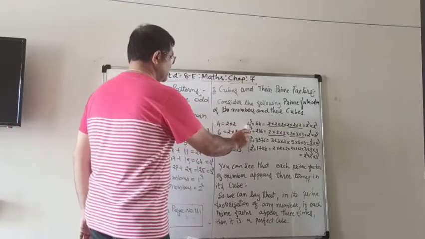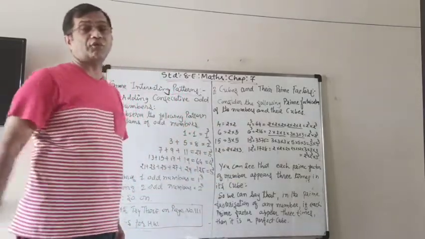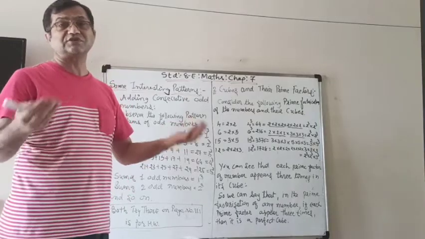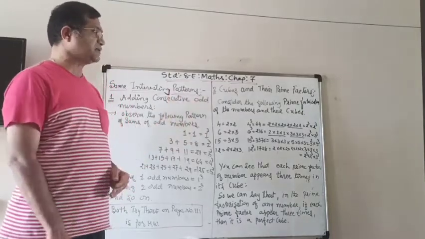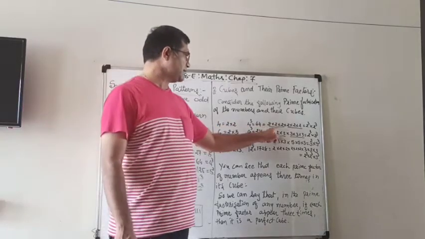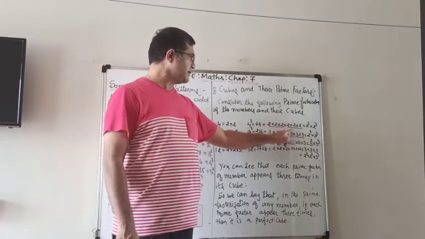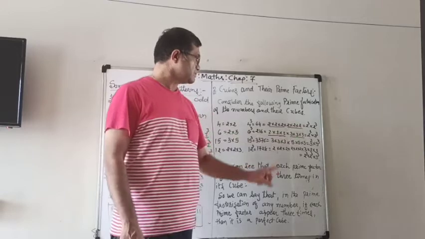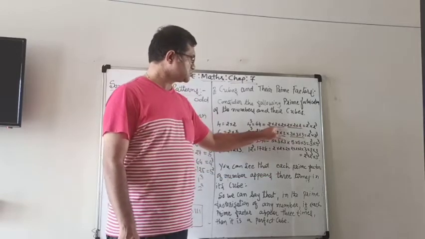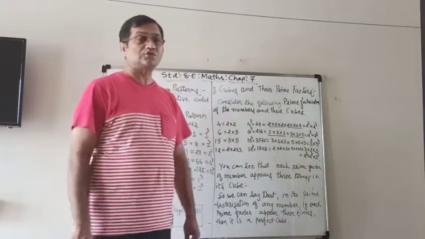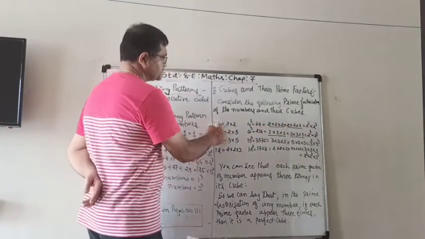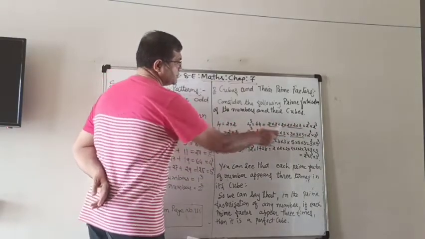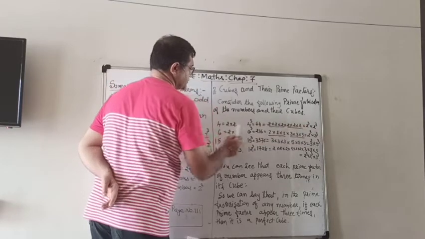Now if you make 4 cube, what is the cube of 4? 4 4s are 16, 16 4s are 64. So if you make the prime factorization, it will be 2 multiplied by 2 multiplied by 2 multiplied by 2 multiplied by 2 multiplied by 2. It means 3 times 2, again 3 times 2. So we can write 2 cube into 2 cube. So here you can see that it is only 1 time, and then it comes 3 times.